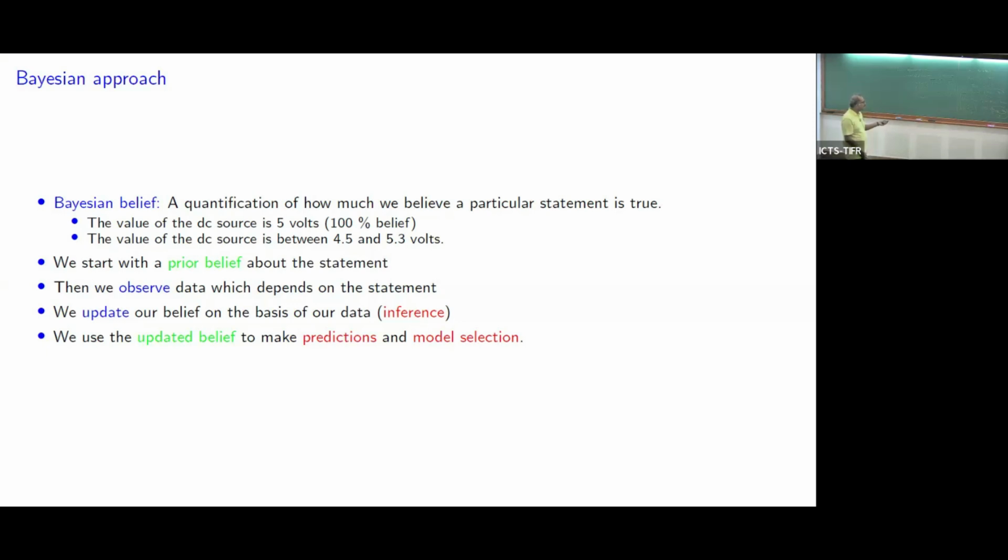I might see that M_{n+1} minus M_n is actually negative, which means the temperature is going down. Then I'll have to revise my beliefs, and there should be a way to do that. There should be some arithmetic or formula that tells me how to revise my beliefs. And when I revise these beliefs, I'm actually inferring something about this I. So that is the Bayesian procedure.